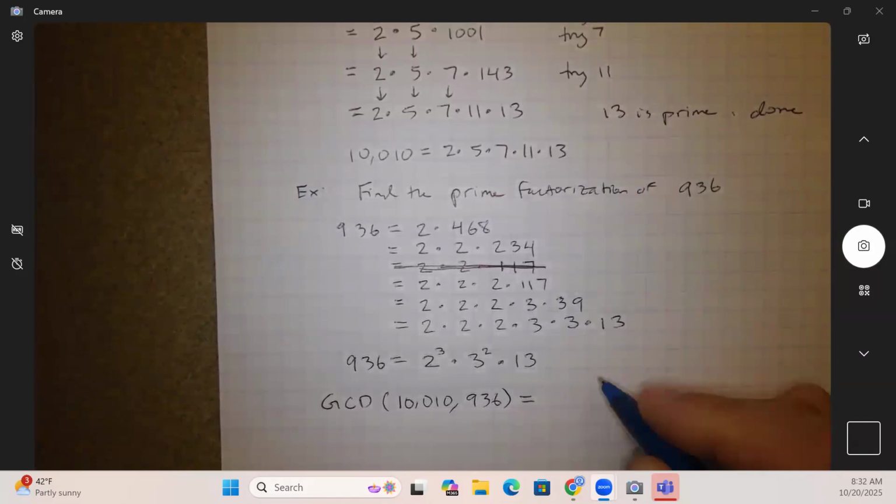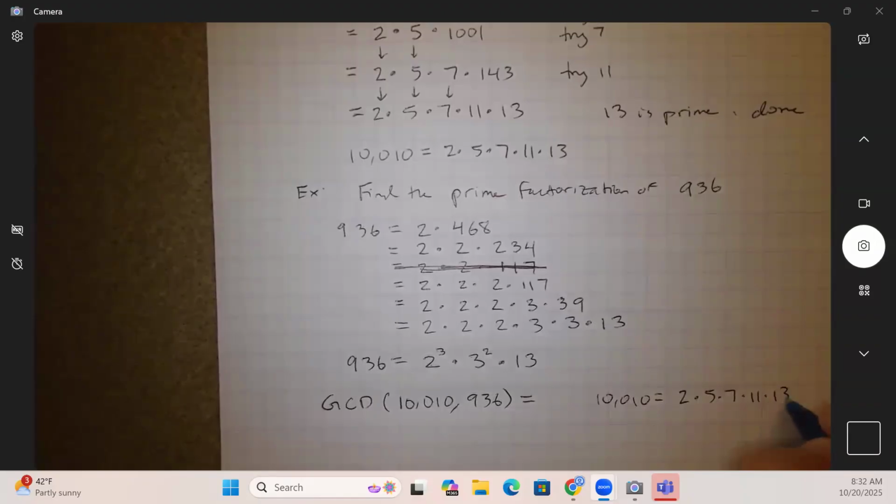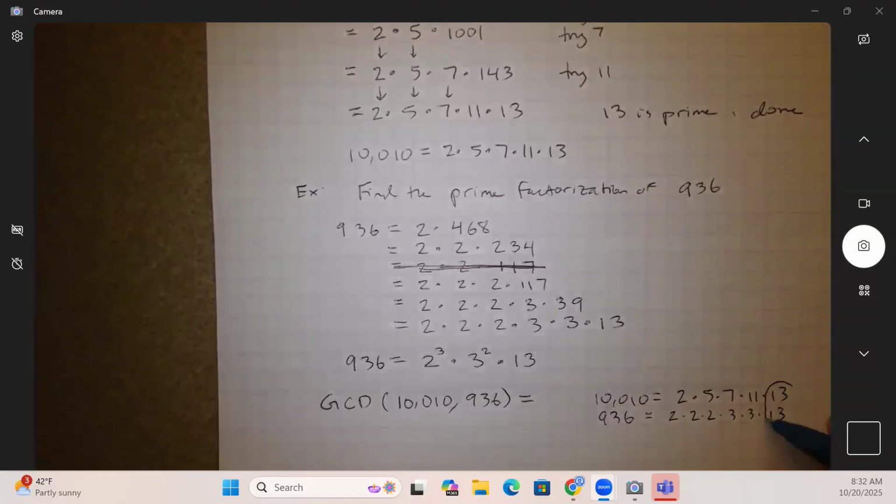So 10,010 we saw was 2 times 5 times 7 times 11 times 13. And 936 was 2 times 2 times 2 times 3 times 3 times 13. And if it's a common divisor, it should show up in both. 13 shows up in both, and so does one of the 2's.